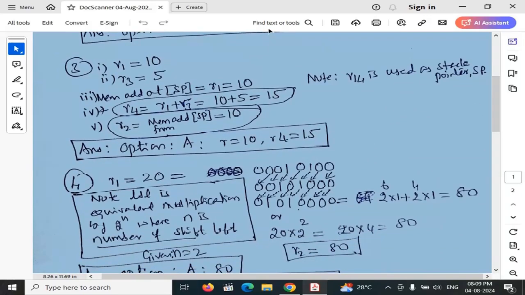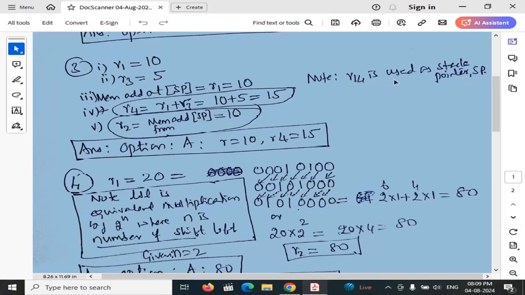After the execution of the first instruction, the R1 register will contain 10. After the second instruction, R3 will contain 5. Then the R1 register content is moved to the memory address pointed to by the stack pointer. R14 register is used as the stack pointer, SP.